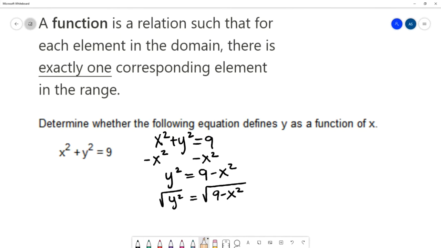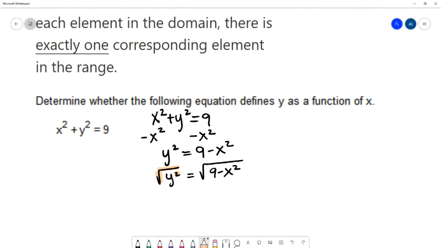And when you square root a square, that's essentially absolute value of y, or just y. And to get rid of that absolute value, we would get a plus or minus on the other side. So rewriting this equation from x squared plus y squared equals 9 gives us this equation: y equals plus or minus square root of 9 minus x squared.